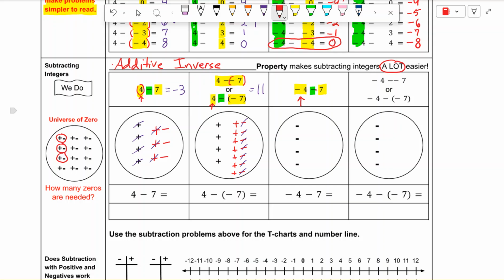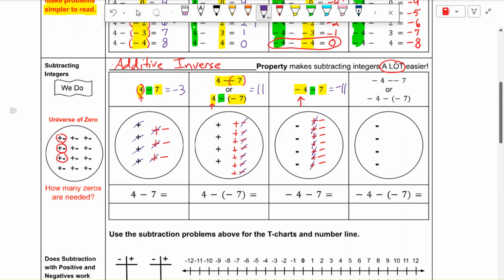Well, we're looking to take away 7 positive signs. So let's do 7 zeros. 1, 2, 3, 4, 5, 6, 7. All right, we are taking away 7 positive signs. So 1, 2, 3, 4, 5, 6, 7. And what do we have left over? We have 11 negatives, negative 11.